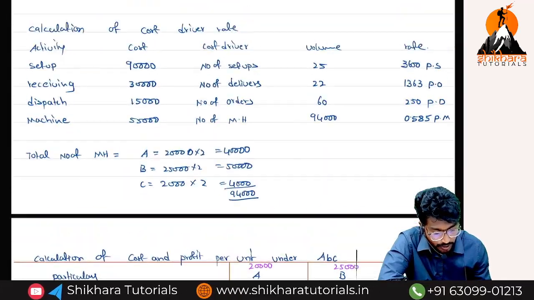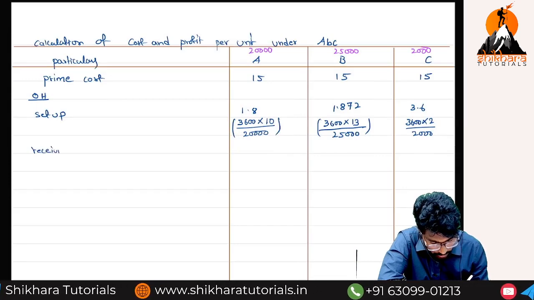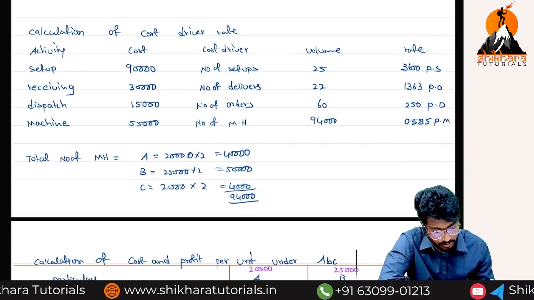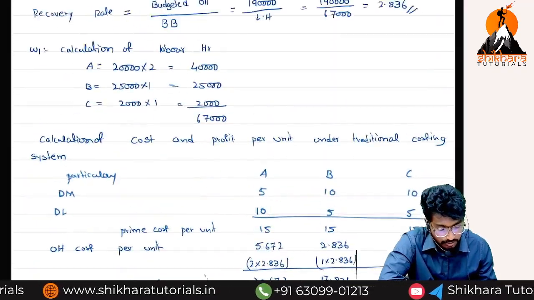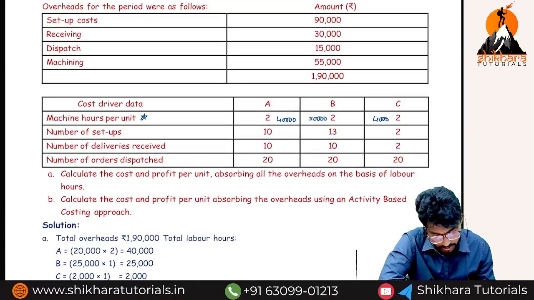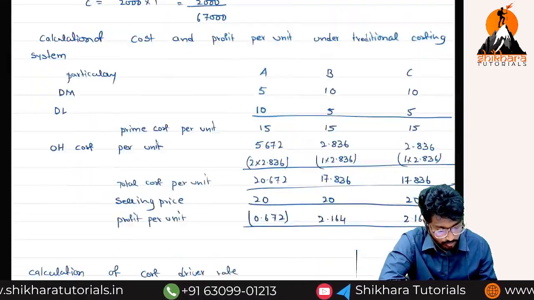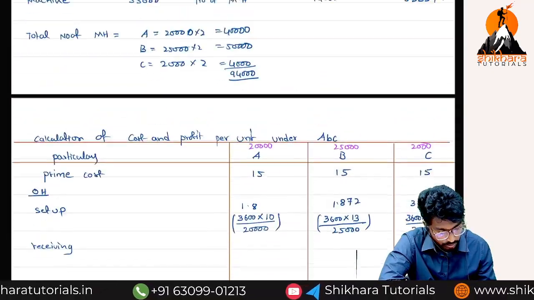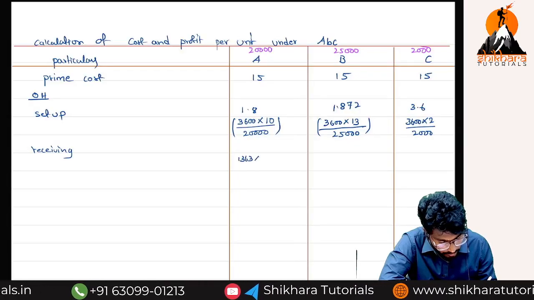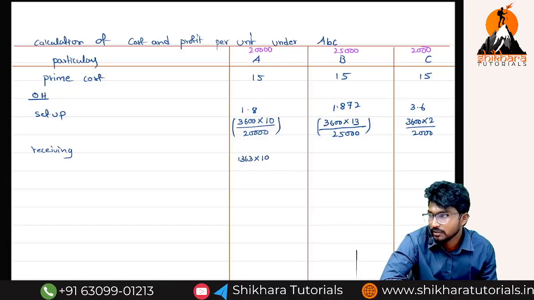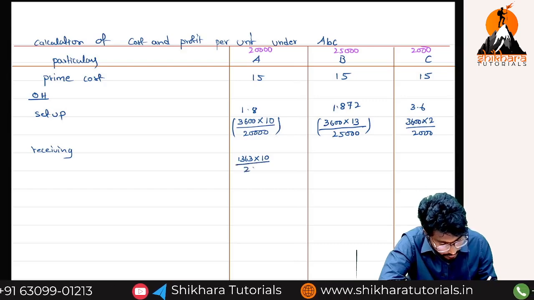Next, what is the next cost we have? Receiving. For receiving, what is the cost per order? 1363. How many receivings consumed by A? 10, 10, 2. Now 1363 into 10. This is the receiving cost for entire 20,000 units, divided by 20,000.